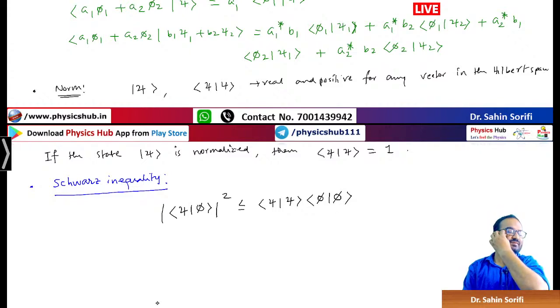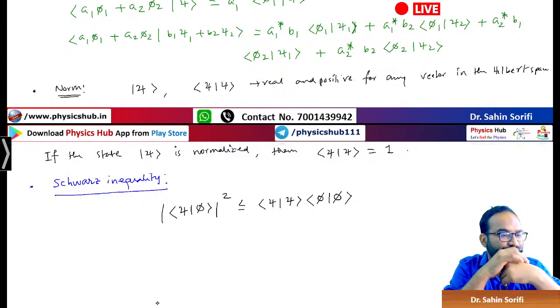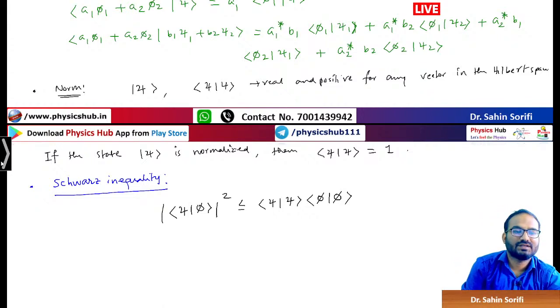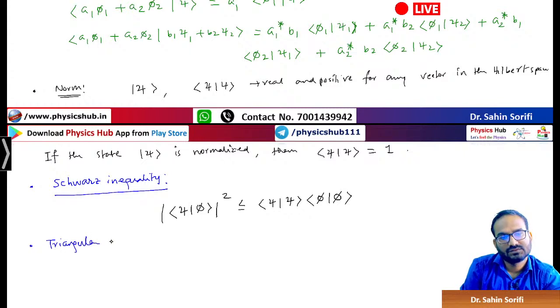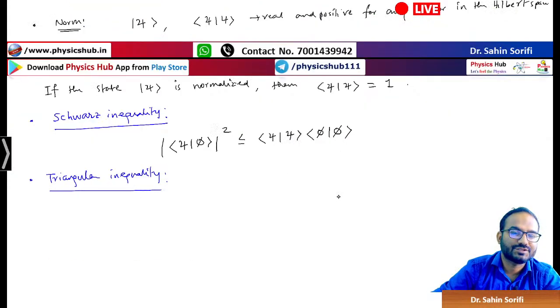This is known as the Schwarz inequality. Then there is another, the triangular inequality. So we are just representing these inequalities in terms of the bracket notation.